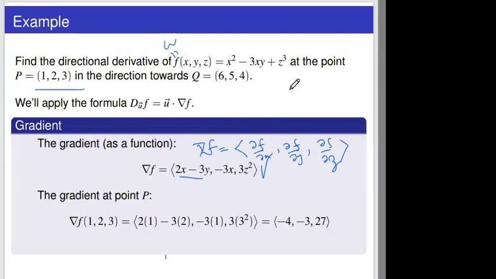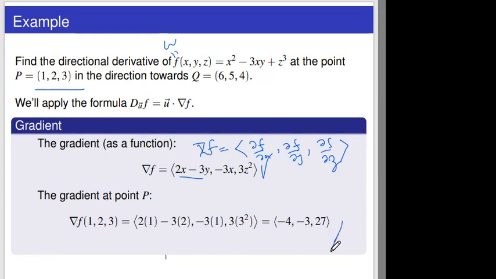Which point are we interested in? The directional derivative of f at this point. Let's plug in the point: the gradient of f evaluated at point P. The point is given, so just put these numbers in for x, y, z respectively. 2 times 1, and so on, you can compute this.